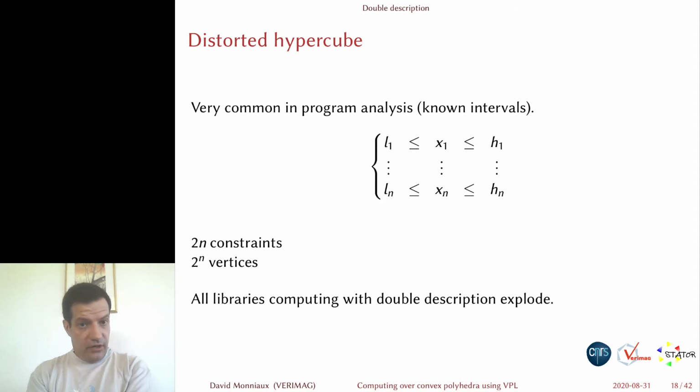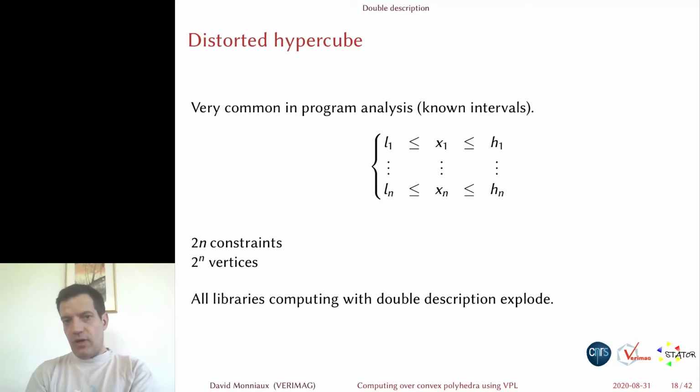Now, this looks very simple, but the double description is not only elegant in this respect, it also has many nice properties. For instance, elimination of redundancy can be done without having to compute the Farkas coefficients. There are tricks for doing many things. It's a very nice description, except for one thing. A very common case in program analysis, and I think also in the analysis of dynamic systems, is when the invariant is a distorted hypercube.